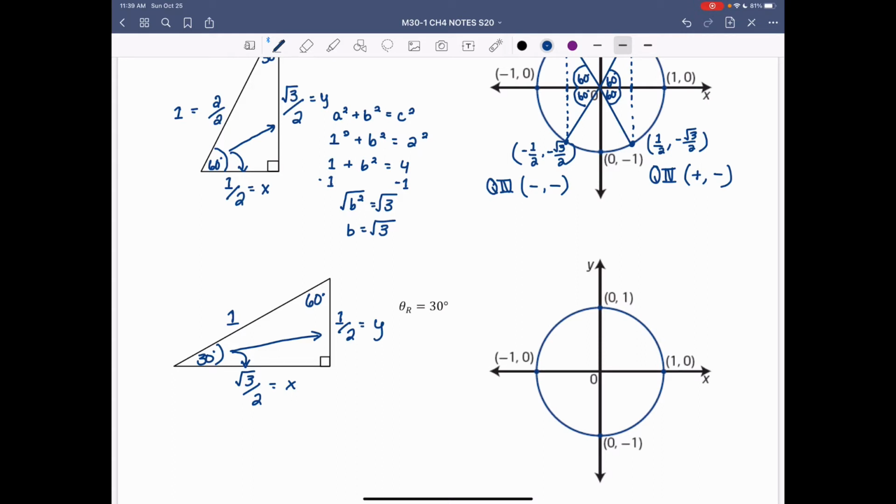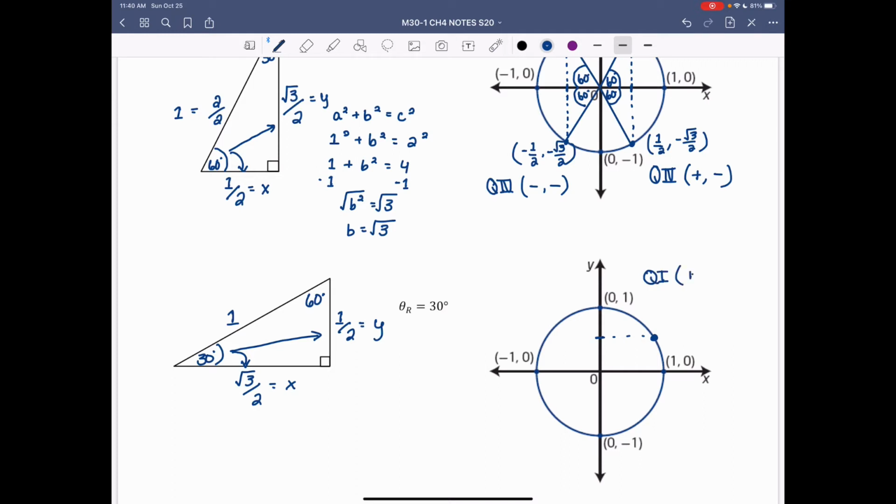Let's plot this information on the unit circle. Now I have a y value equal to 1/2, which is easier to determine the location of than root 3 over 2. So on my y-axis, I'm going to mark off 1/2. Then I just go across from that point until I meet the unit circle. My point would be here, again in quadrant 1.